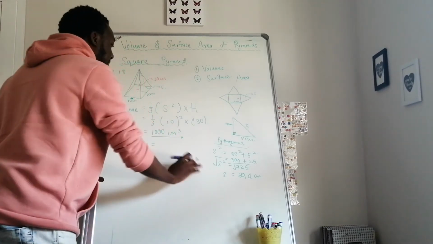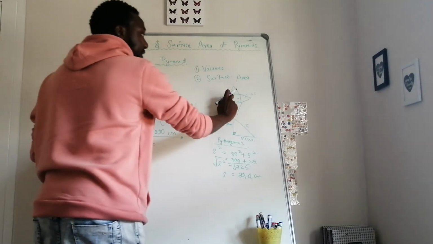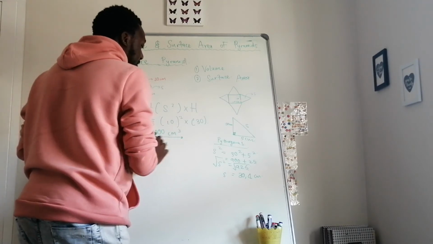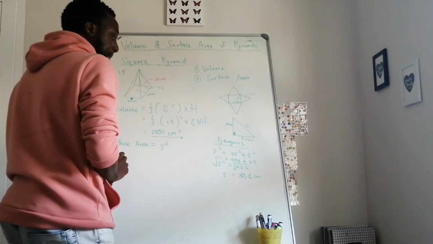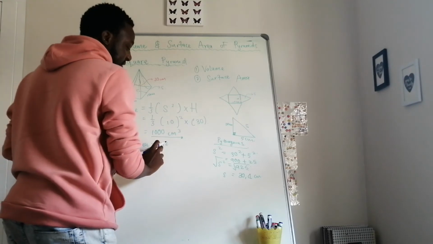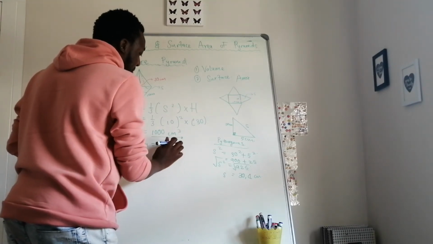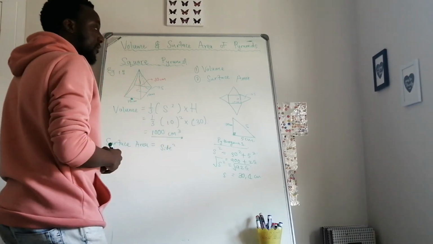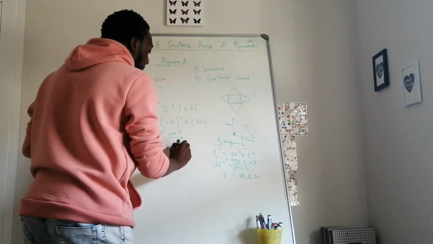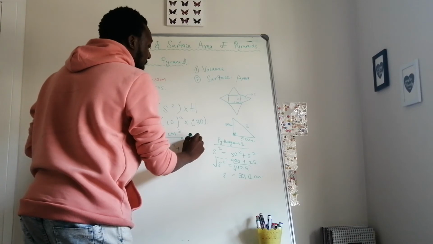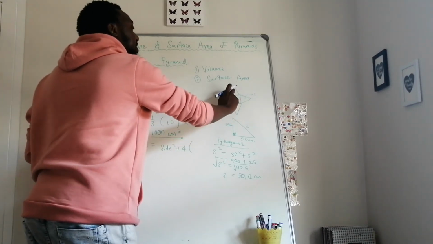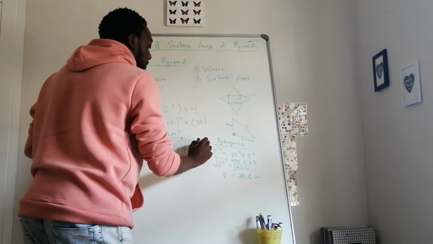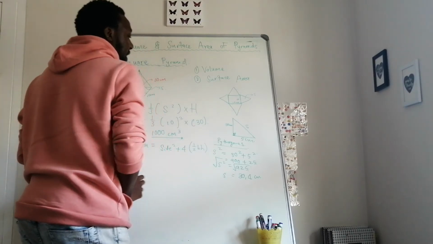So now let's go to surface area. Surface area will be the area of the square there, which is just side squared, right? And let me write side squared because the two S's are going to confuse me. It's side squared plus 4 times. Remember, these triangles are the same. So I say 4 times the area of a triangle.